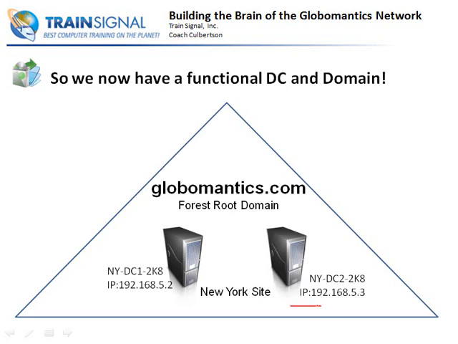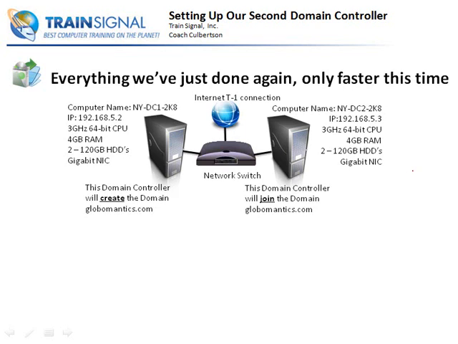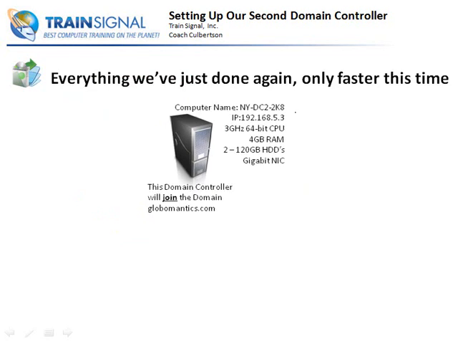We're going to now focus in on our second domain controller that's going to be joining our globomatics.com domain. So we're just going to do everything that we just did. Only we're going to do it a little bit faster this time because you now know the process. Again, we have built this guy. We can go ahead and put a check mark in him. And then we're now going to be focusing in on this piece of hardware, New York DC2.